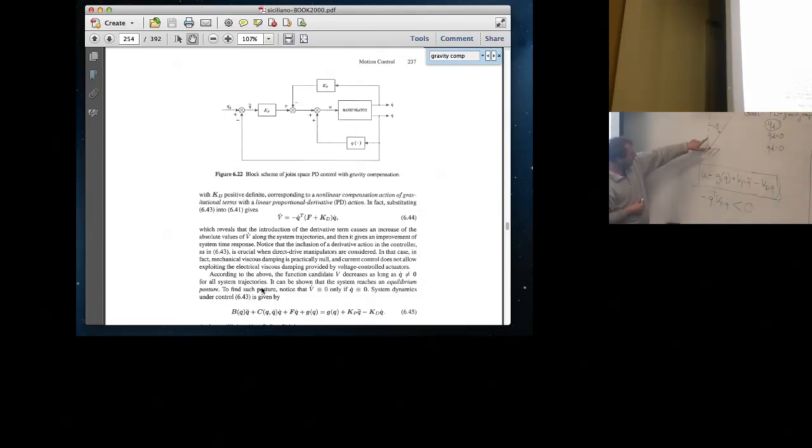See what it does now: the controller computes gravity compensation at my current position, at Q, not at Q desired. It means I cannot fall over anymore if my gravity model is correct.